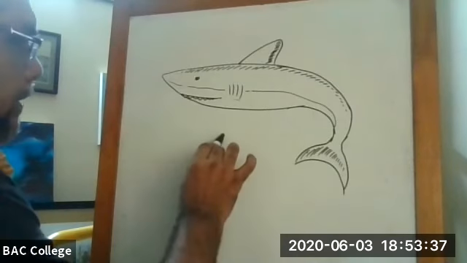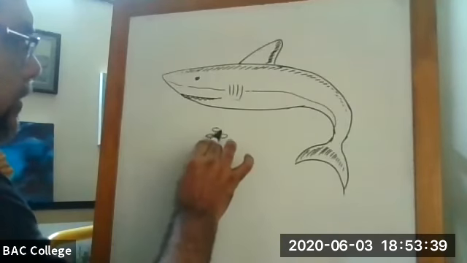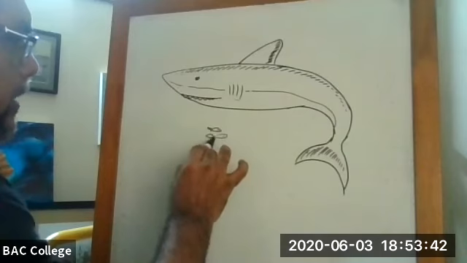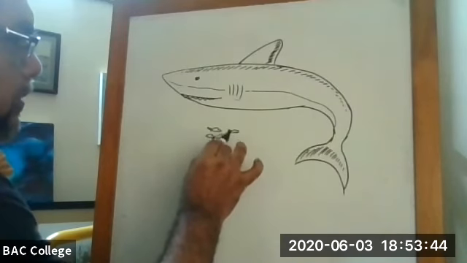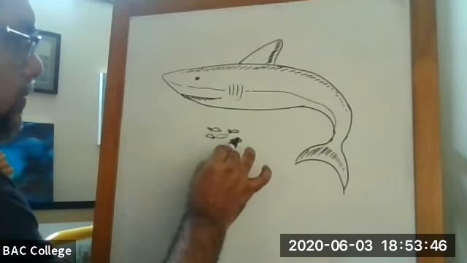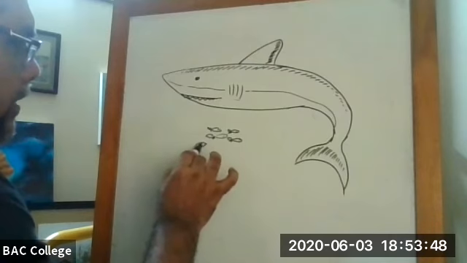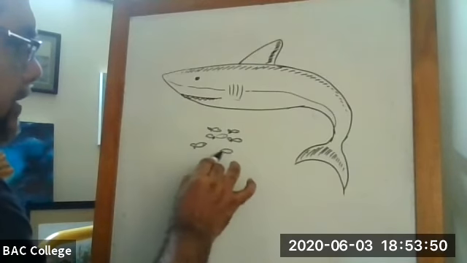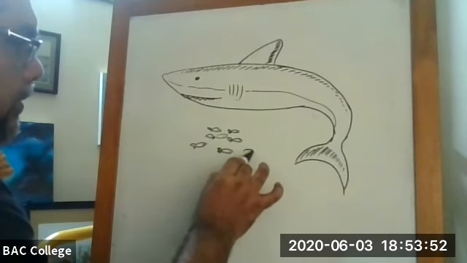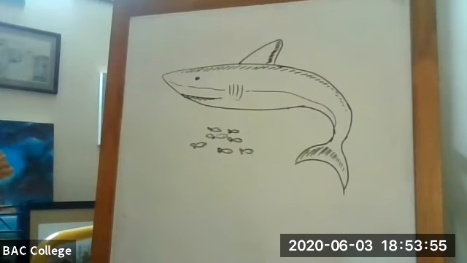Okay, and then to make it realistic, you can draw some small fish swimming around. Usually the small fish, normally they will swim together. For safety's sake, they will swim together. You can draw a group of fish swimming around the area.